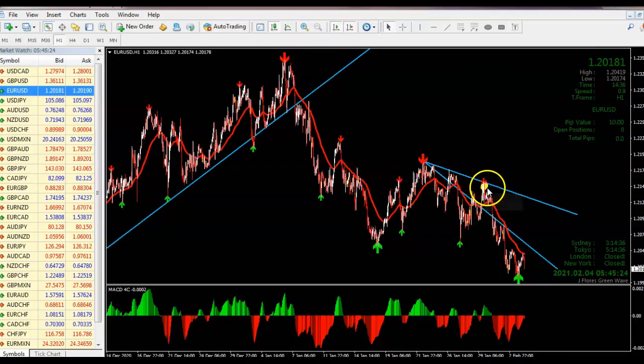On the EUR/USD, let me show you what happened. We were at that point where the yellow mark is, and I said at that trend line, if this trend line breaks to the top and does what I just told you, I wait for something like that, and then a little flag, and then we buy right there.